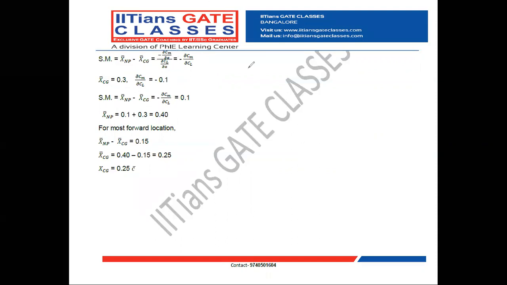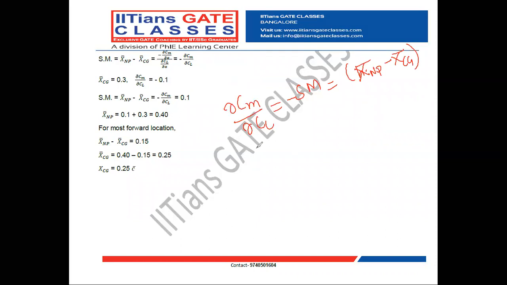I am rewriting this. dCm/dCL, they have given, is equal to minus of static margin, which is nothing but minus of x_np minus x_cg bar. Here the static margin value, that is dCm/dCL value, is given, where x_np minus x_cg is your static margin.